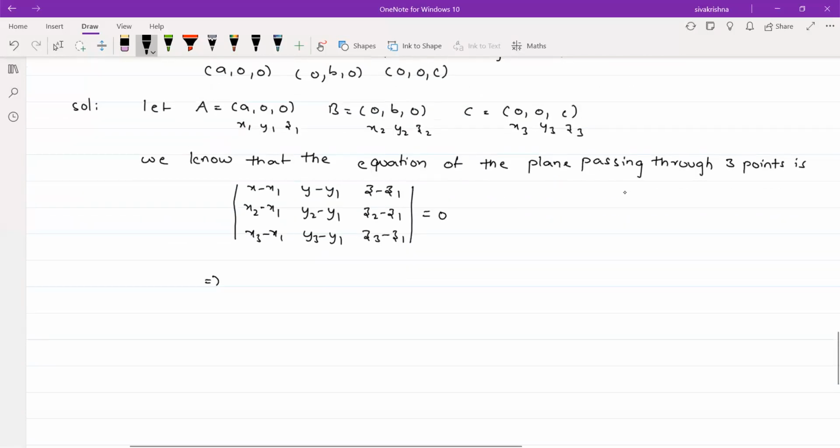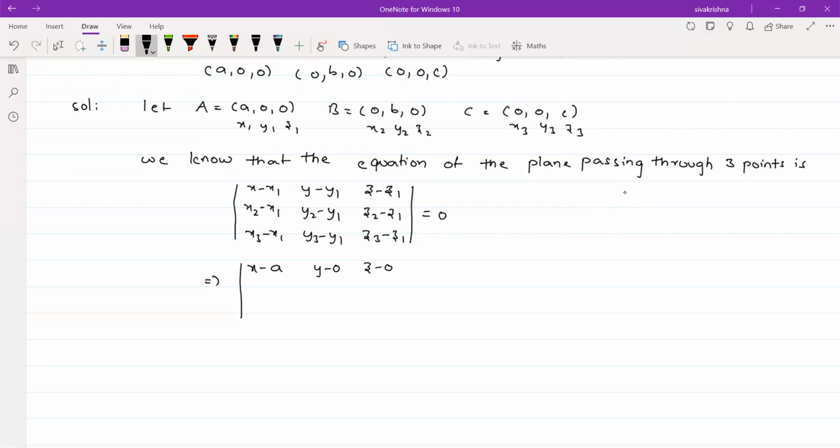So this implies modulus of, so I am going to write the first row: x minus, so x1 is nothing but a, so we write x minus a, and y minus y1 is 0, so we write y minus 0, and z minus z1 is also 0, so we write z minus 0.